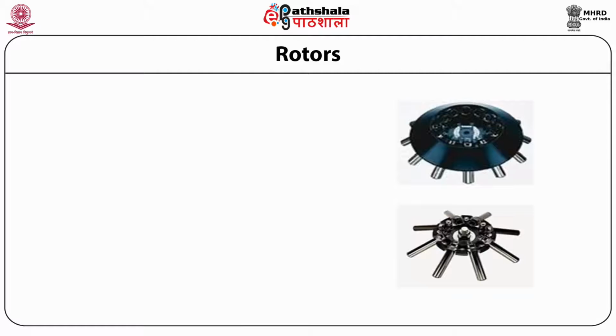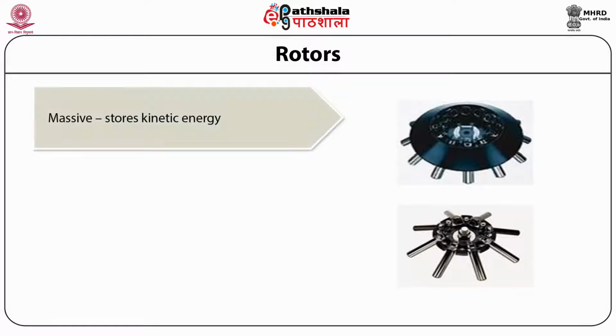Rotors are the first and most important component of the ultracentrifuge, and this rotor is typically different from the rotors of the common centrifuge. It is very highly massive and stores kinetic energy.